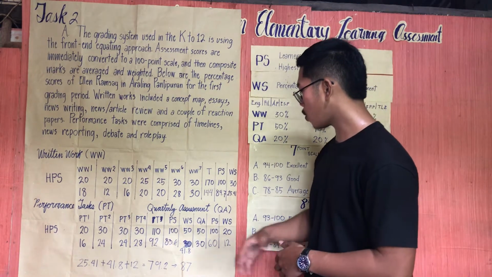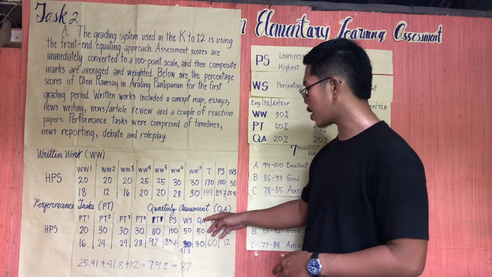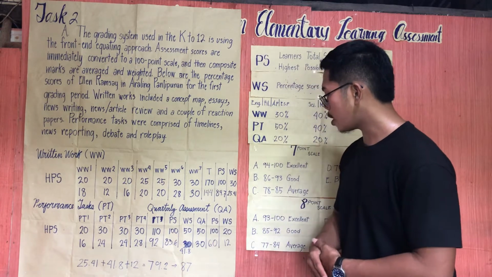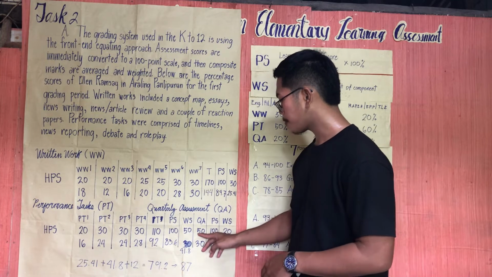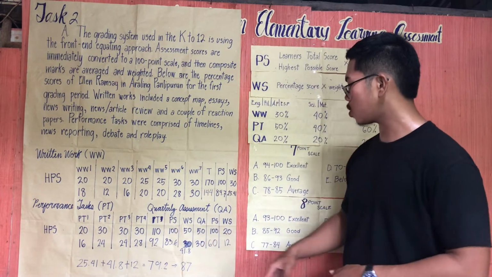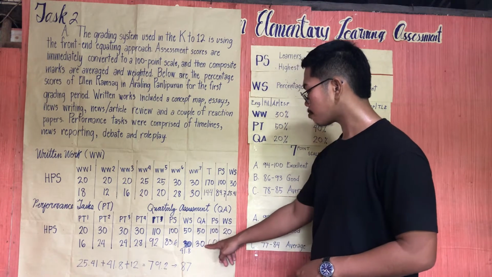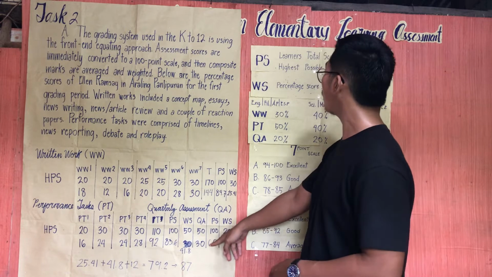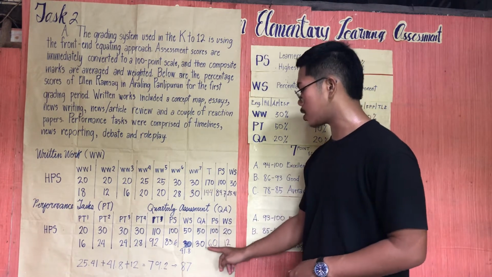And we will also find the quarterly assessment. The quarterly assessment is 30 over 50. So now we will find also the percentage score of the quarterly assessment. The learner's total score is 30 over the highest possible score times 100 is equal to 60.